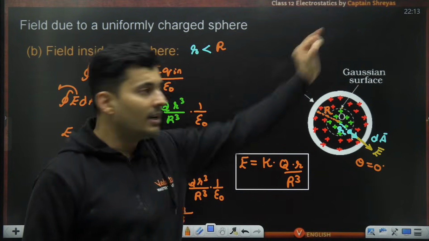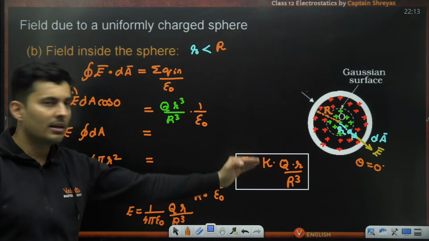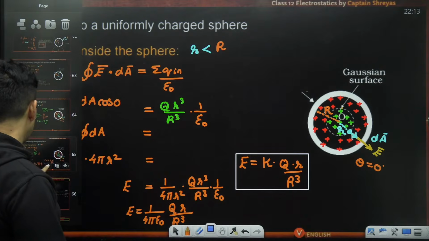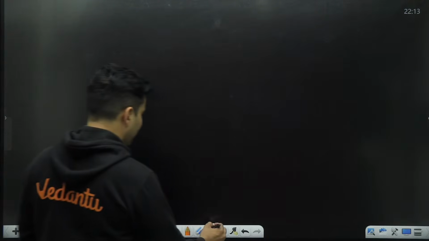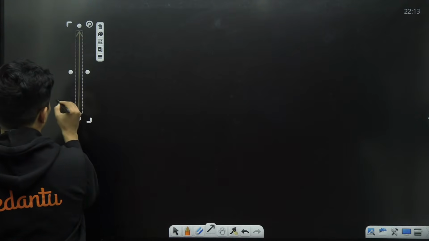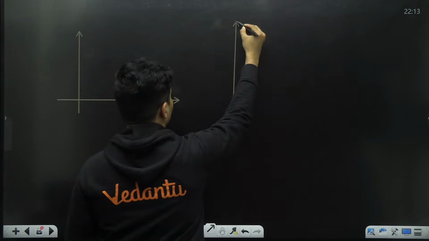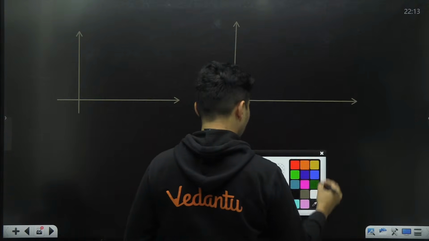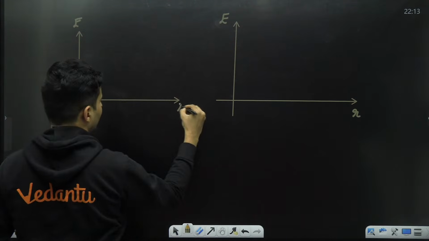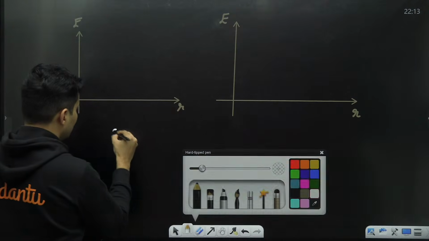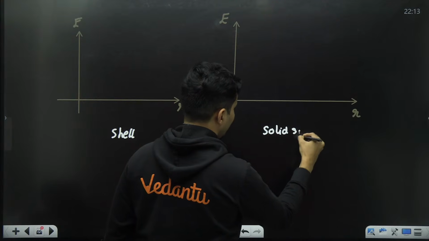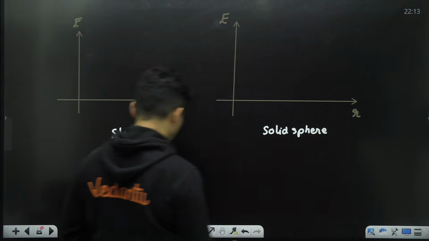It is linearly proportional to r. Okay. So if we were to draw the graph of how the electric field looks with distance, one is for a shell, and this is for a solid sphere.